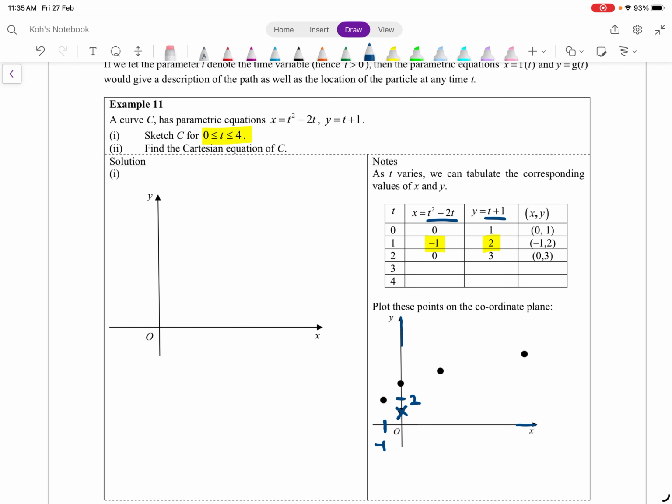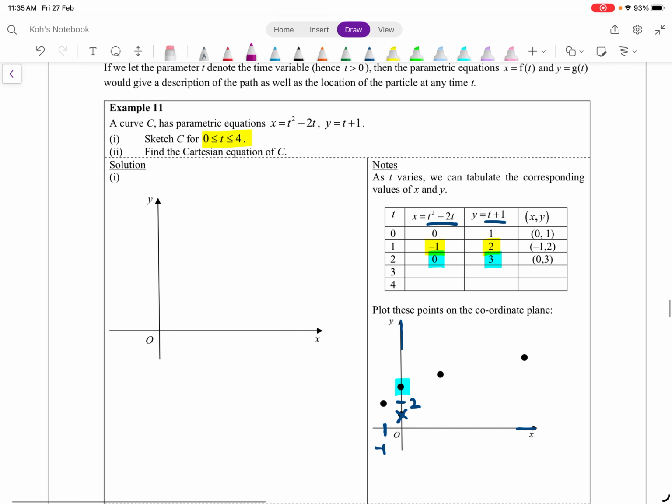And then you do it again. For example, you sub in t equal to 2, and you realize that your x value is 0, then your y value is 3, so it's right here. Then I sub in 3 and 4. When t is equal to 3, 3 squared is 9, 9 minus 6 is 3, then the y value will be 4.